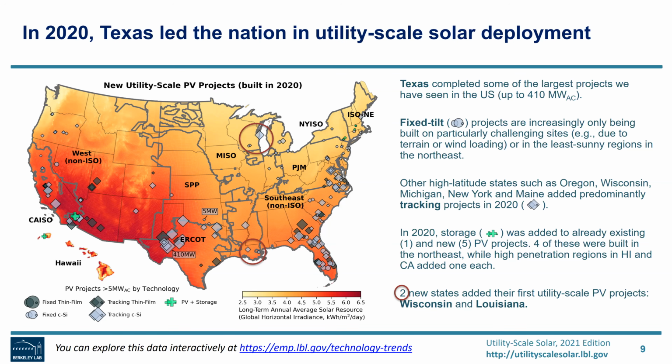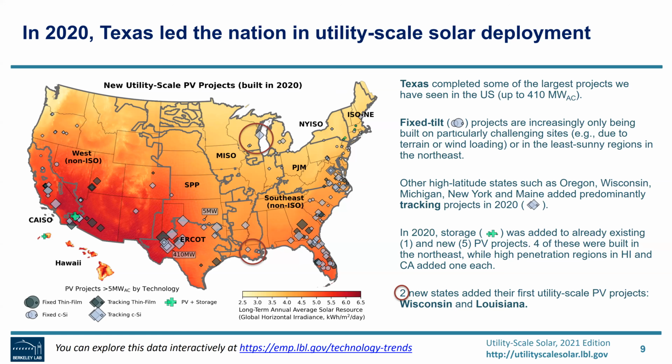There are a few projects that I want to draw your attention to specifically. Texas added not only the most solar capacity in 2020, but it also installed one of the largest projects that we've seen so far, the 410 megawatt AC Roadrunner project in Western Texas that uses bifacial modules mounted on single-axis trackers.